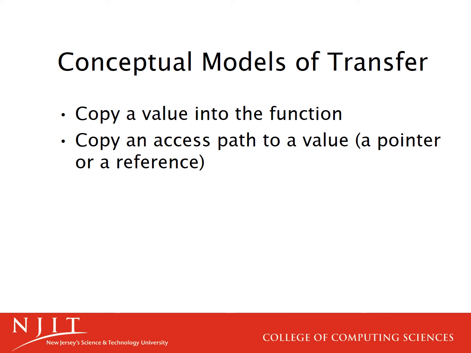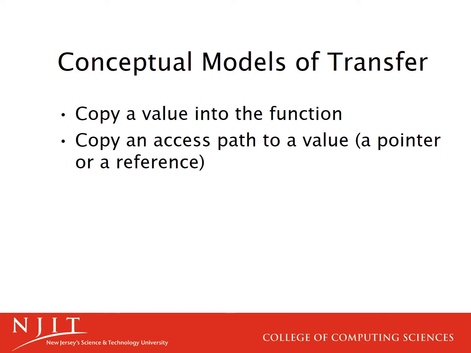I am, in essence, initializing the formal parameter to the value of the actual parameter by making a copy of the value. When I say f of 3, I'm copying the value 3 into the function. When I say f of x, I go and get x's value, and I copy that value into the function.